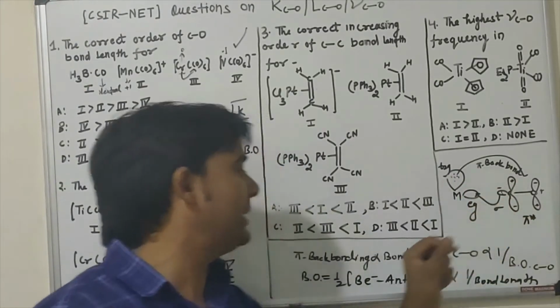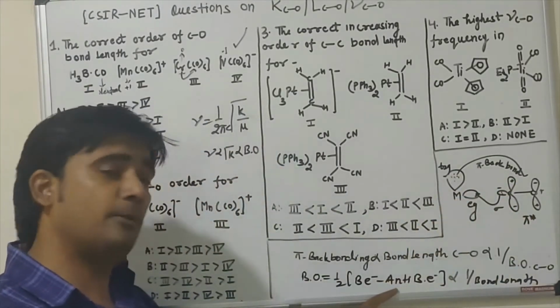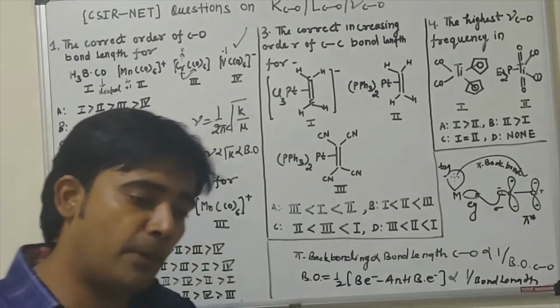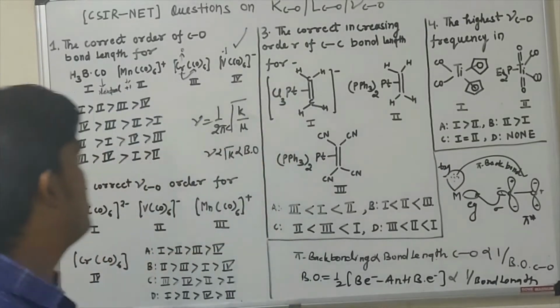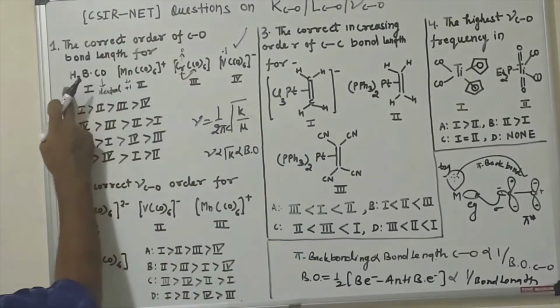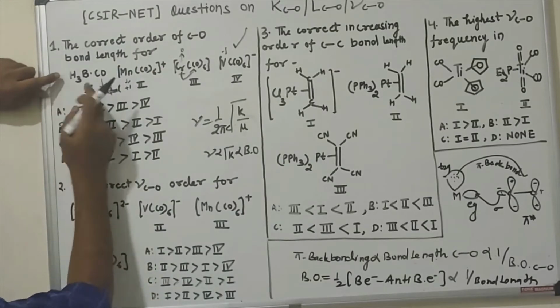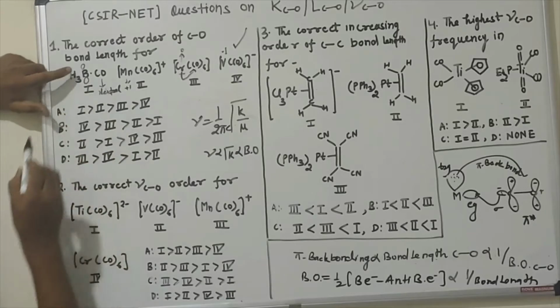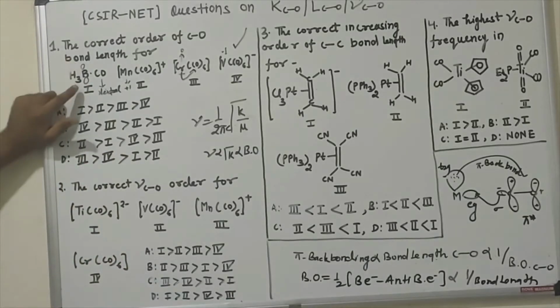If pi back bonding is poor, then this value is very low, so bond order will be high, then bond length will be less. So bond length will be less as compared to these. But in this case you can see this is already electron vacant. Here there is not much electron density because it is boron.